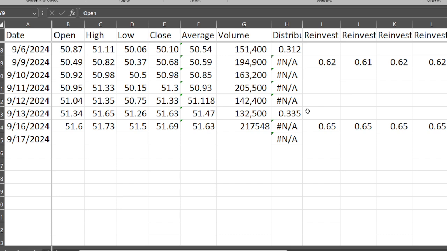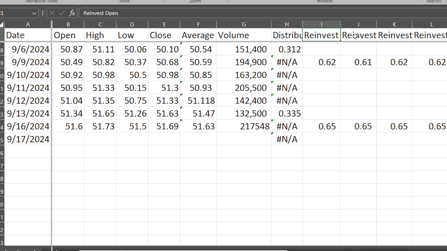So for example, you get paid out $33.50, because that's on 100 shares, and you're able to buy 0.65 shares. This is for the cells that I highlighted.